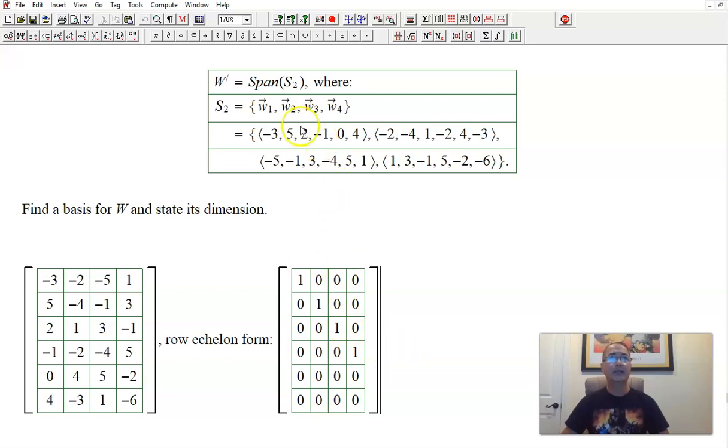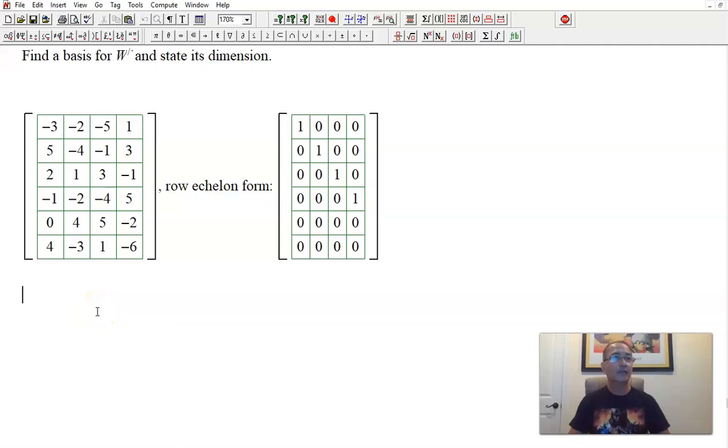Okay, so what does that mean? S2 is now linearly independent. It is no longer a dependent set. So S2 is already a basis for W prime, and so the dimension of W prime, let's change that over here, must now be 4 instead of 3. Okay, so let's write down our conclusion over here.